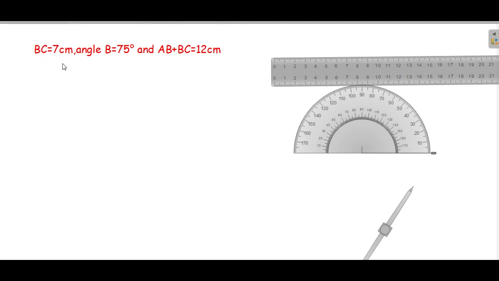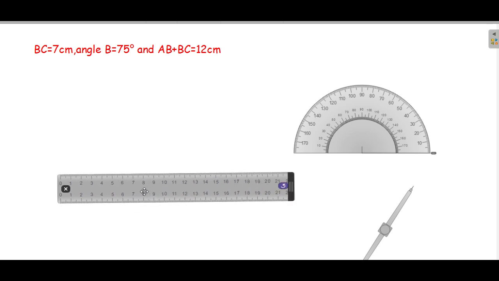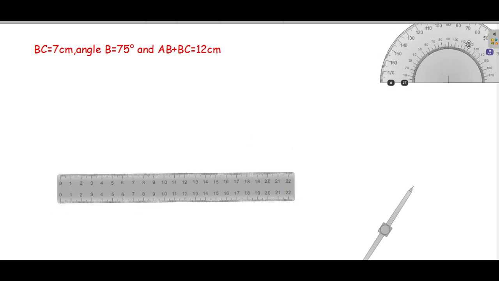Let us take BC as the base. So what is the length of the line segment BC? It is 7 centimeters. Let us draw a line of length 7 centimeters.